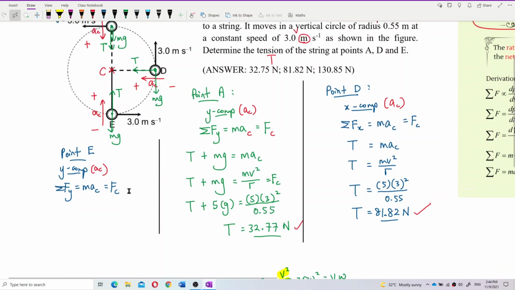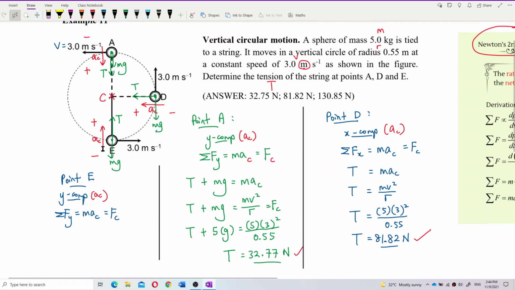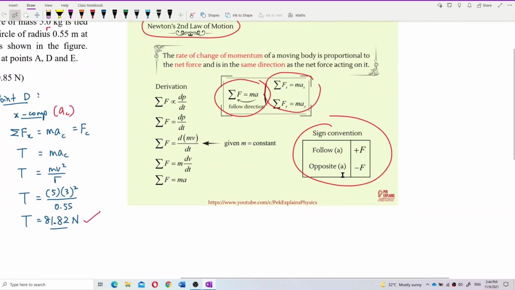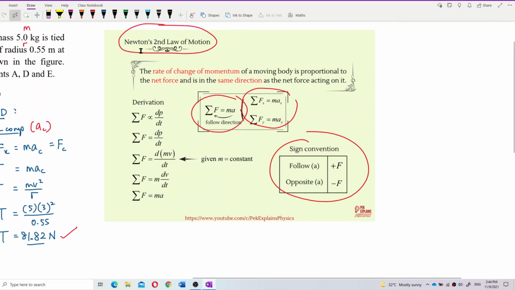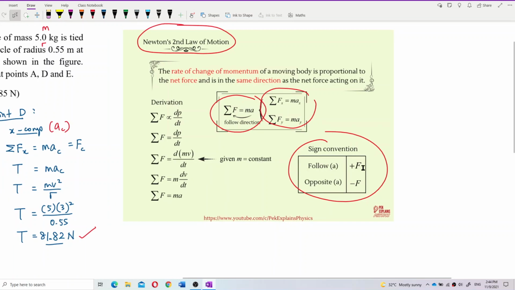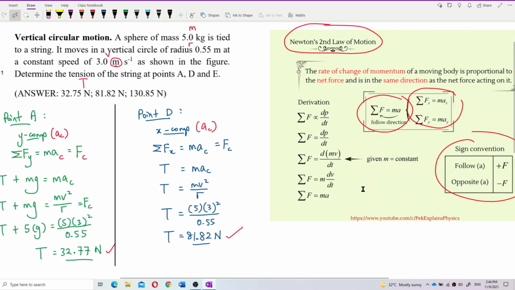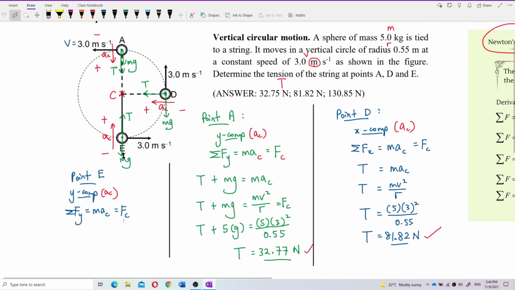Follow acceleration positive, opposite the acceleration negative. Follow what you have learned previously in Newton's second law: force following the acceleration is positive, force opposite the acceleration is negative.